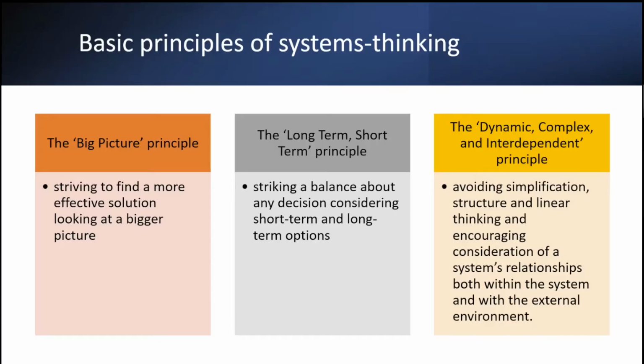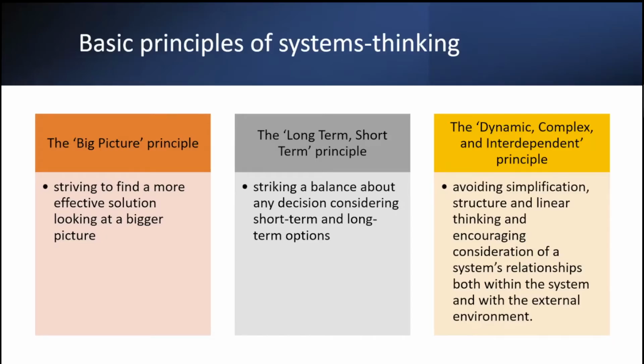The third is the dynamic, complex, and interdependent principle, which is, as I mentioned, due to several interconnections between them. If the human component changes its preferences, all other components which are non-human need to change accordingly.